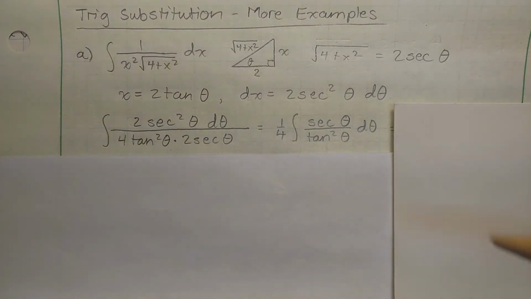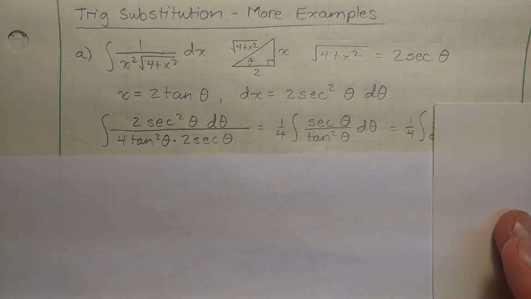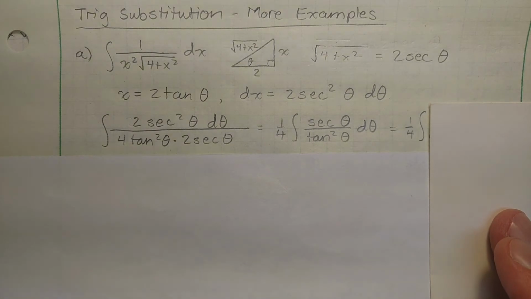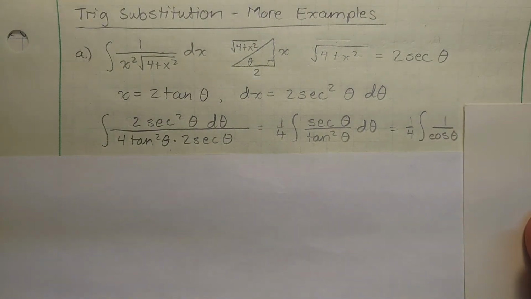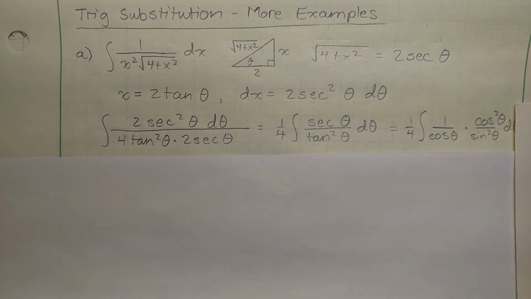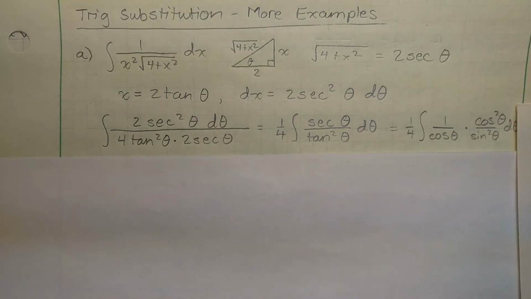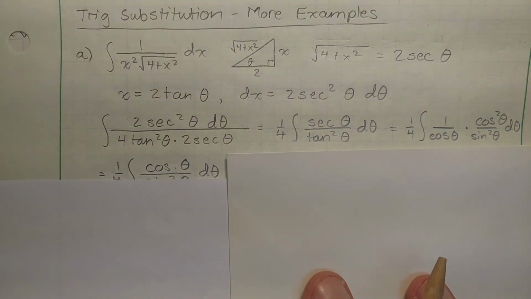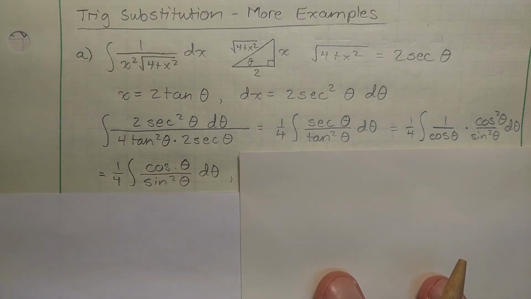Now, of course, I want to simplify this as much as I can. That's 1/4. Remember, secant is 1 over cosine, times, since I'm dividing by tangent, multiplying by its reciprocal, so it's multiplying by cosine squared over sine squared. Canceling the cosines where I can, I get an expression of 1/4 cosine theta over sine squared theta.